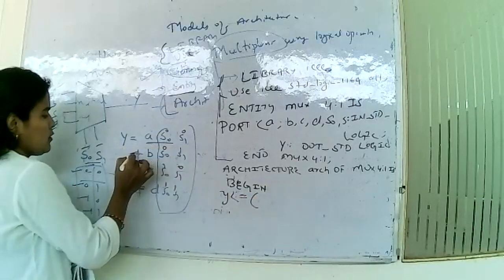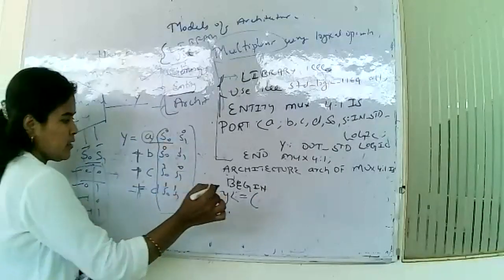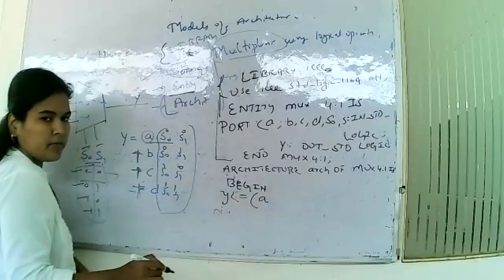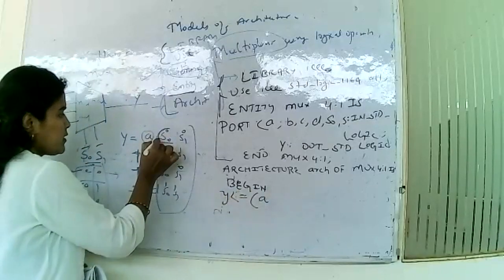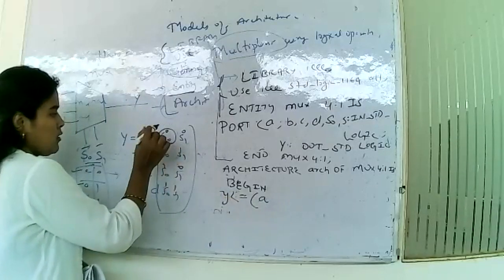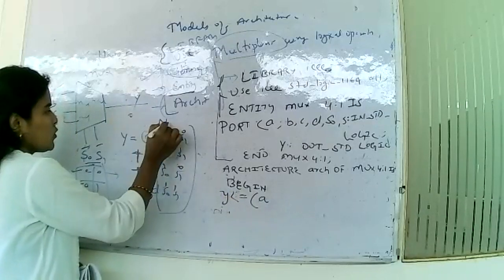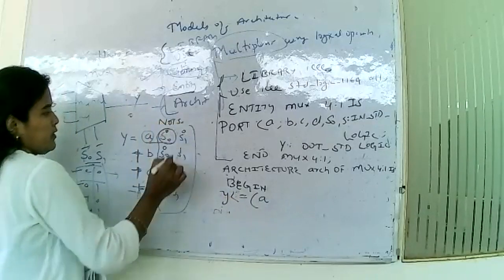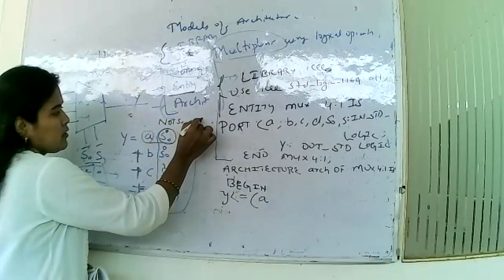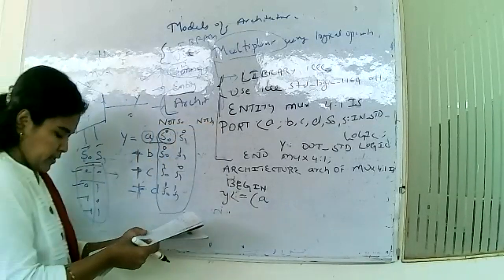The first output is the same as A. Next, S naught is 0, so it is not of S naught, and not of S1.